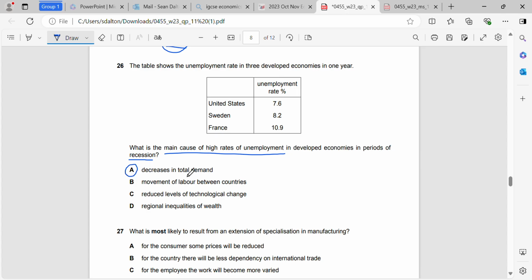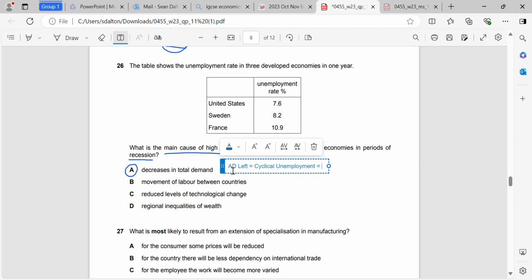Okay, now what do we mean by that? Well, what we mean is AD moving to the left, which is cyclical unemployment. Now what's our key?